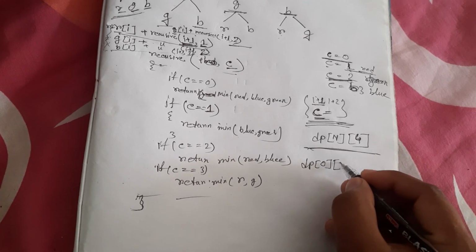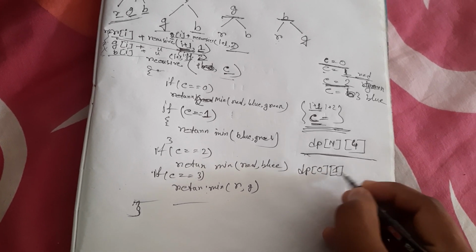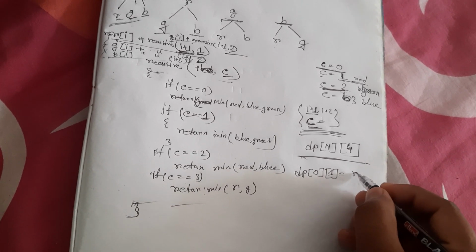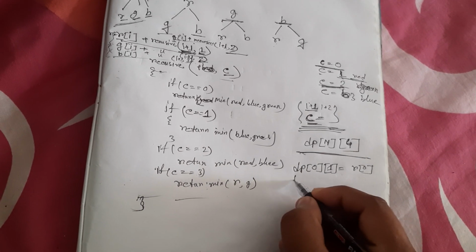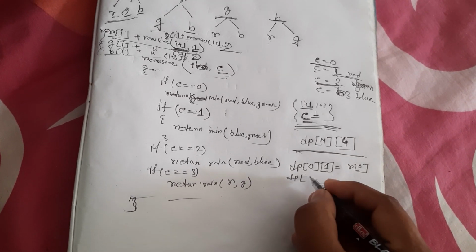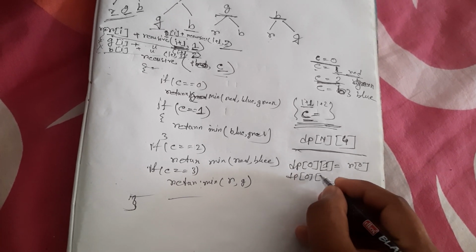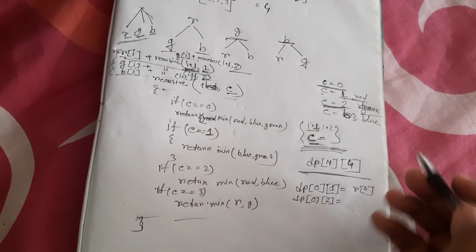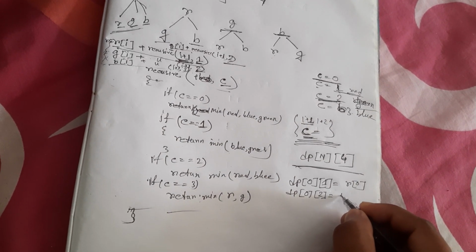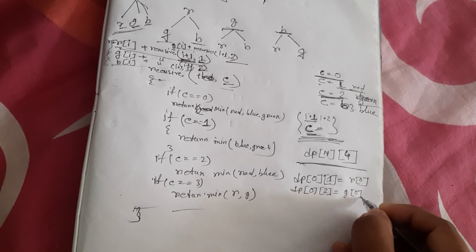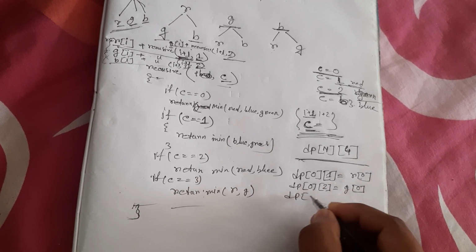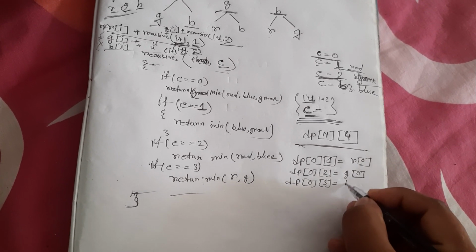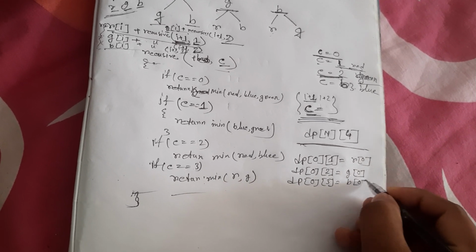If you choose color 1, what is the value in that case? It should be R of 0. And DP of 0, 2, we are choosing the second, so green color, G of 0. DP of 0, 3, you need to choose blue, B of 0.